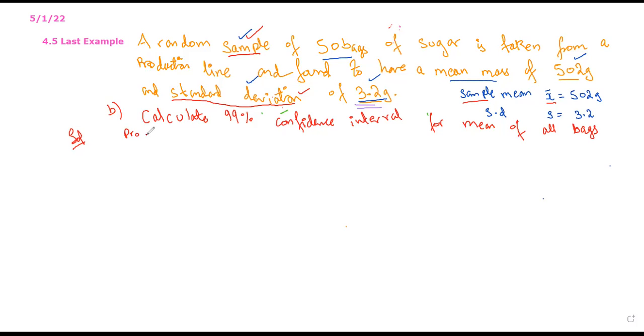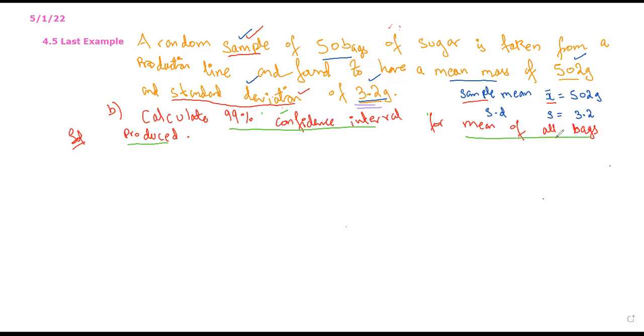I'll just write it down this way: all bags produced. Now this is the second part. If you were not able to understand this part in the previous class, you will get a better idea of this. Here they are saying you need to calculate the 99% confidence interval for the mean of all bags produced.